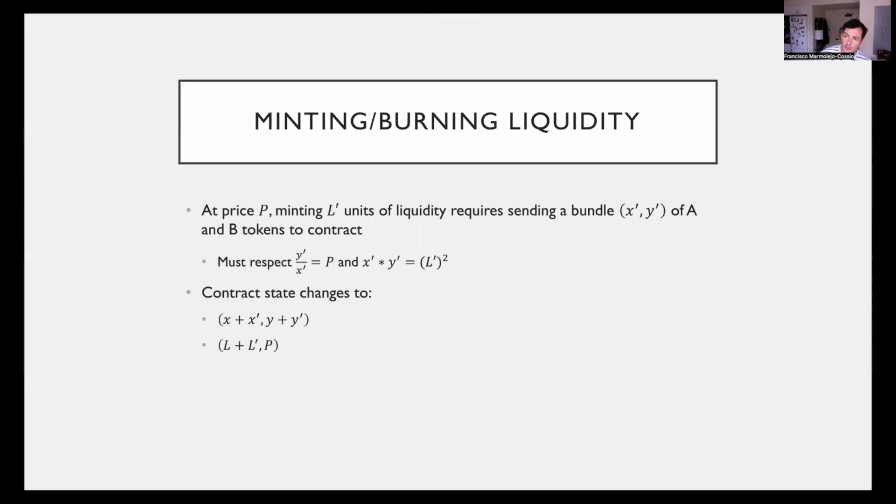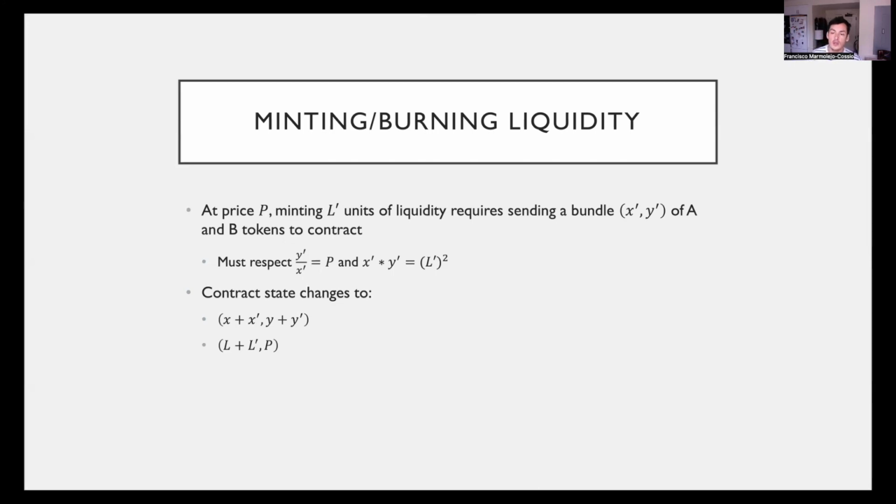And so just to delve a little bit more into the mechanics of minting and burning, suppose, remember, we have a current state, a certain amount of liquidity, and a certain price P. Then in order to mint new liquidity, what a liquidity provider needs to do is send a bundle of tokens to the contract.